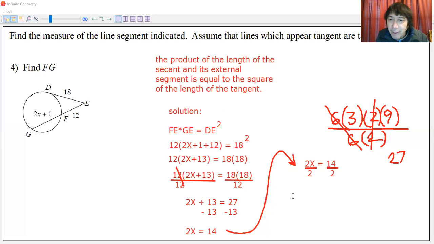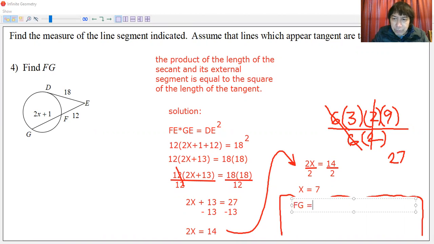So we found our x, but we will not stop there because we're asked to get not just the x, we're after FG. All right, FG. Solving now for FG, we will do it over here. I hope it fits in this particular space.